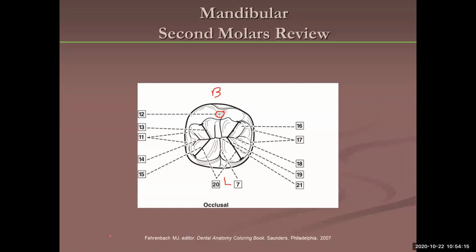This is the buccal ridge. It's a buccal groove. Yeah. Okay. Depending on how, the ridge would be this, the highest portion. Then you've got 2 transverse ridges. This is the mesial; 17 is the mesial marginal, the distal marginal ridge.